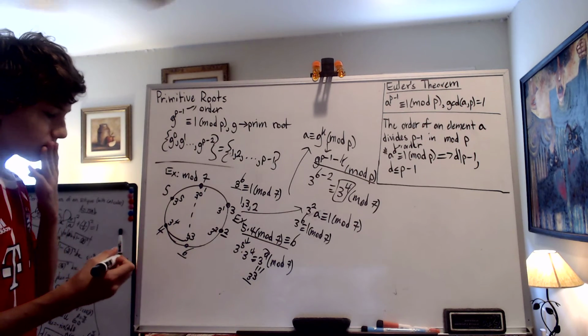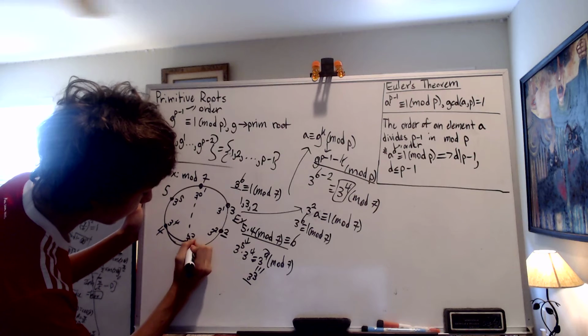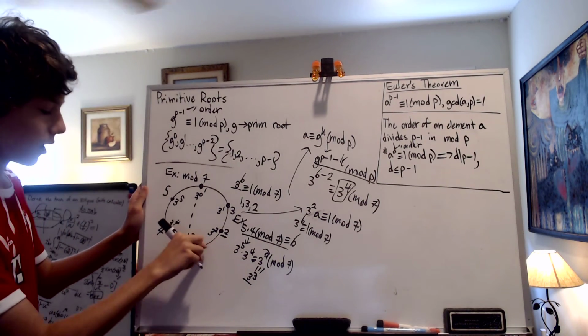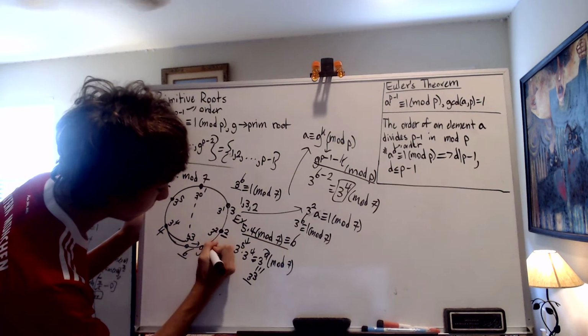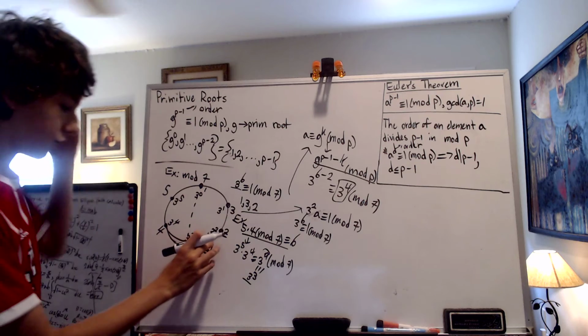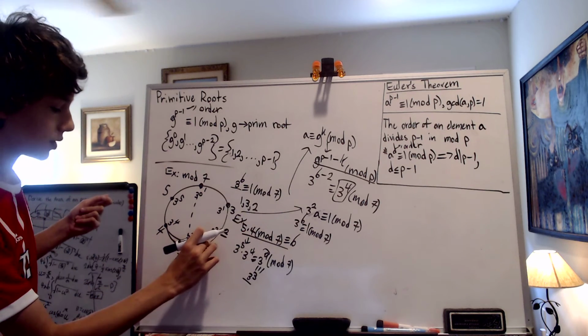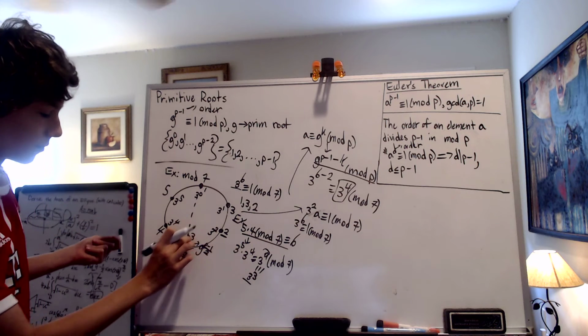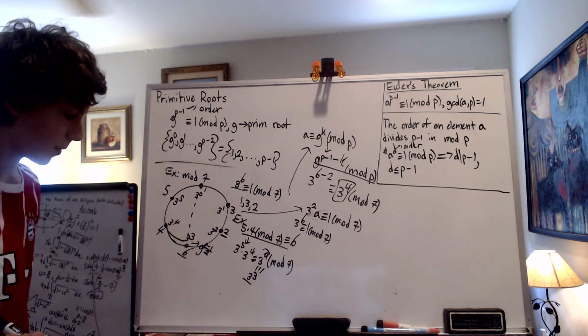And we want to see, in general, when this occurs. So notice that this actually occurs for the power of g being g to the p minus 1 over 2. Because you can check that p is equal to 7, 7 minus 1 over 2 is just going to be 3, and that corresponds to 3 here.